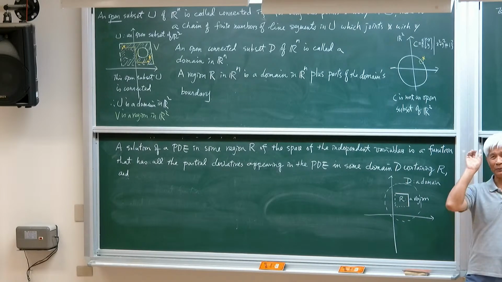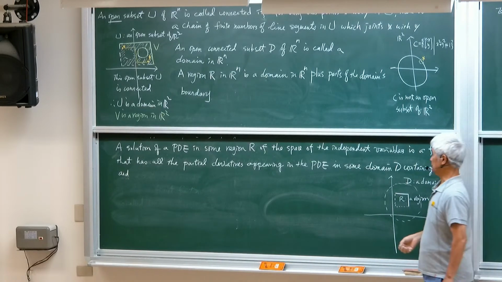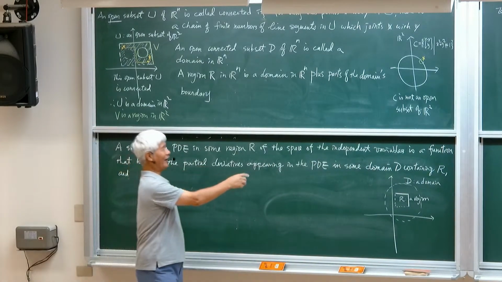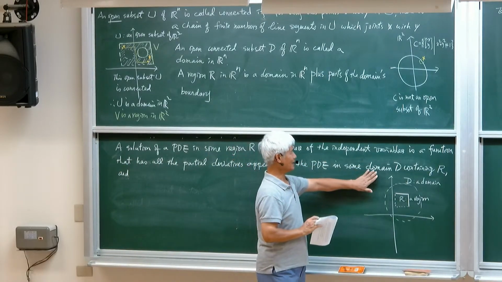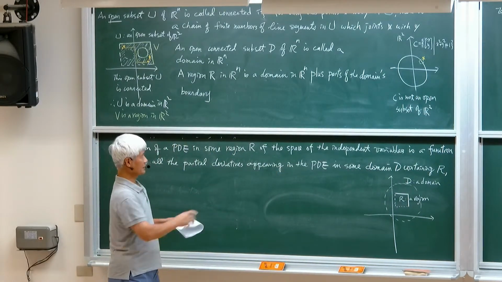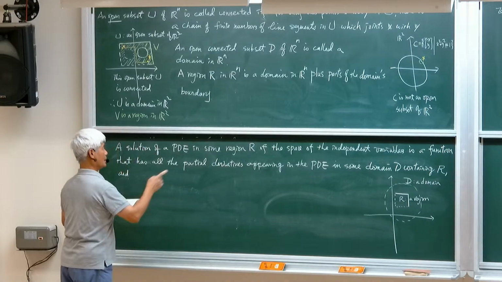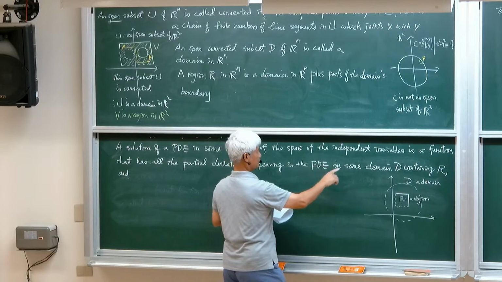If you remember when you studied partial derivatives in calculus, the defining domain was usually actually a domain. I'm sorry that they use the same word. Here the domain is just an open connected set, but basically it is an open set.